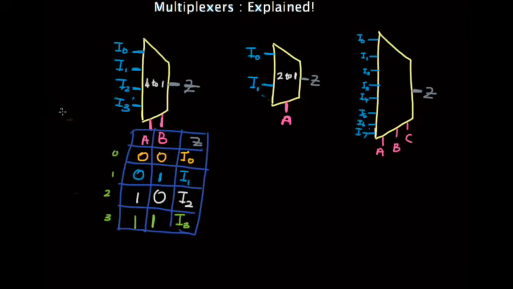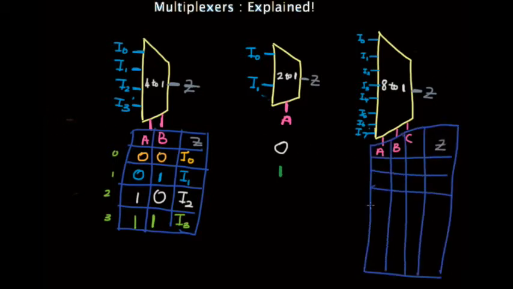The same concept is used in the 2-to-1 multiplexer. We have just A, and A just has two values, which are 0 and 1, and that correlates with I0 and I1. And for the 8-to-1 multiplexer, we find out that we have A, B, and C, and if we make a table for that, we find out that we have 8 possible combinations.